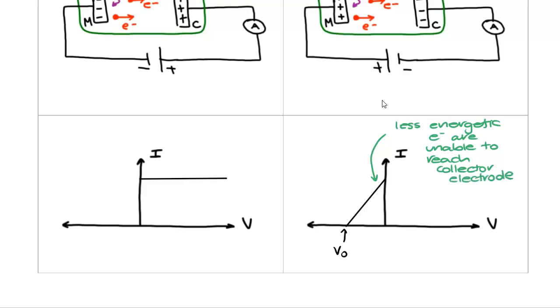And that continued. In the midpoint here, the medium level electrons started not being able to make it until we got here. Even the most energetic electrons don't make it. And that is the very important value of V0.